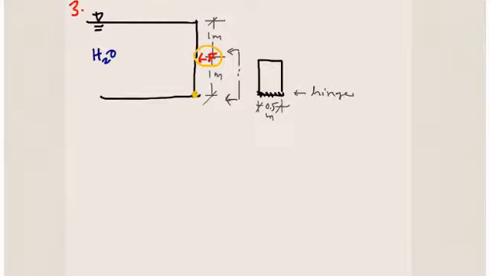I think you could get that if you were to look at the pressure of water on this wall, you would see that as you go down in depth, the pressure increases.